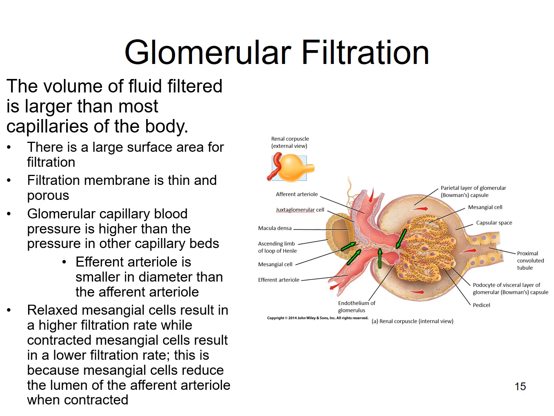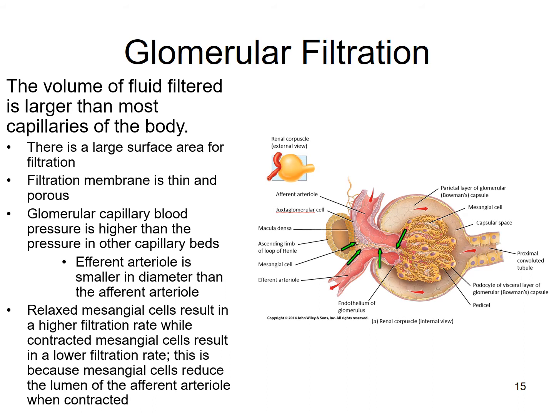Also, you have mesangial cells indicated by the arrows here. Now, there are going to be some that are located in the glomerulus itself, but they're also located, as shown by these little green arrows, around the afferent arteriole. So if these cells are relaxed, they result in a higher filtration rate because when they're relaxed, they're not clamping down on the afferent arteriole and the flow in is relatively high.